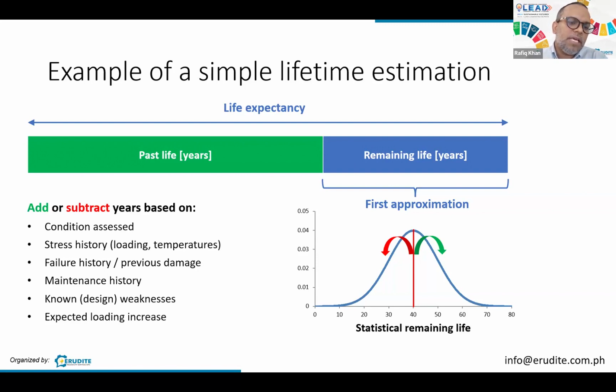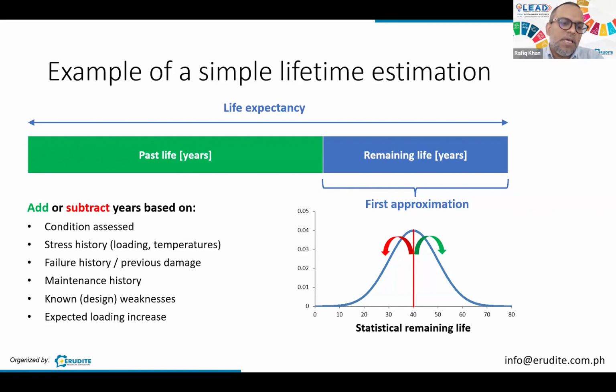You can look at failure history and previous damages. If you see a tendency for certain things to go wrong fast, then the statistical graph starts to move to the left, and you look at possible early retirement. Then there are maintenance history and known design weaknesses. Those are things you look at by trend.